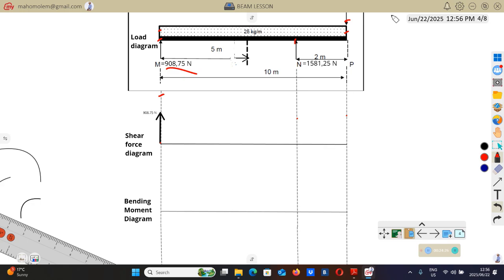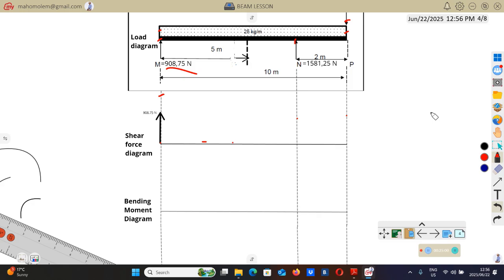We must also put a dotted line at the point where the shear force diagram crosses the horizontal line, but we'll see that at a later stage. Let's finish the shear force diagram first, and then we'll see where it crosses this line. Where the shear force diagram crosses this line, we're going to make another vertical dotted line.